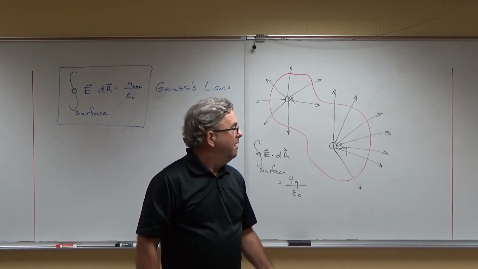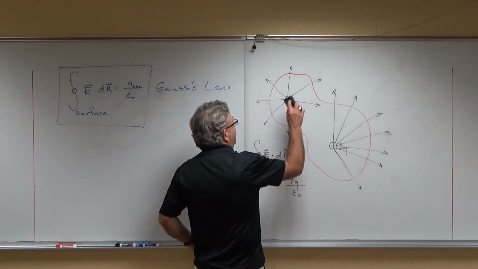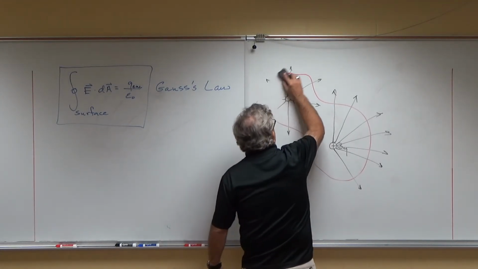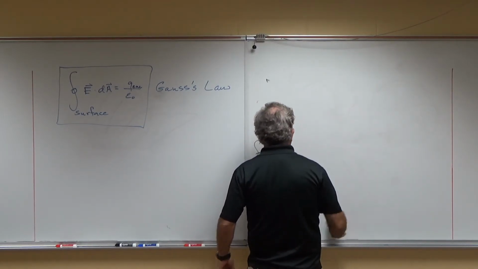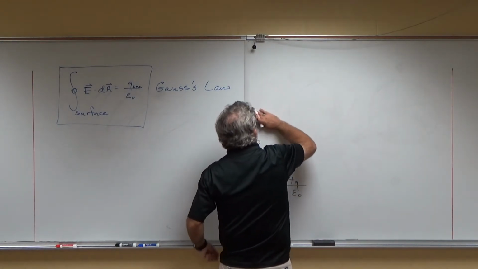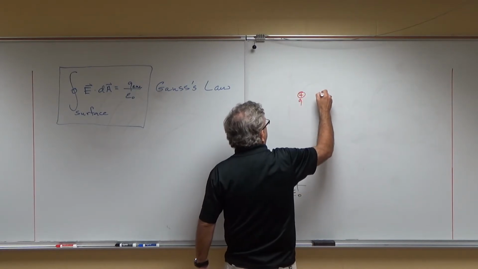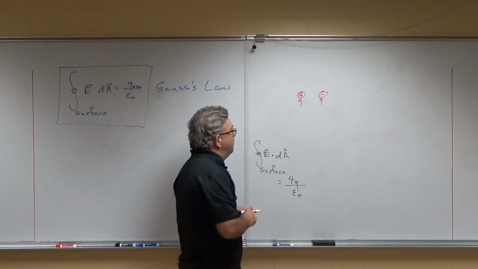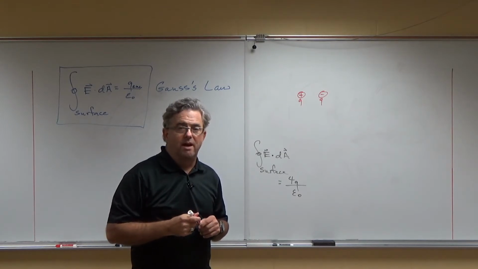Now, if this were a negative bit of charge, I'm not going to draw the field lines. Let's say that you have a positive Q and a negative Q. Same magnitude of charge, but opposite sign.